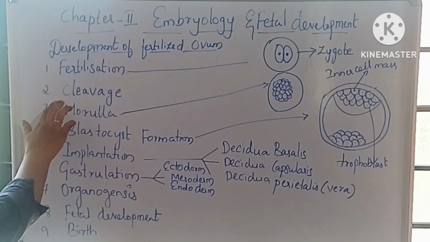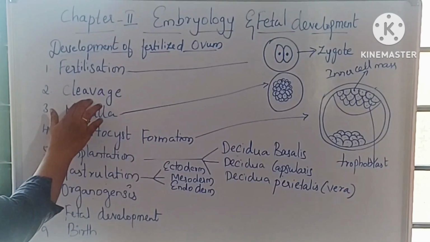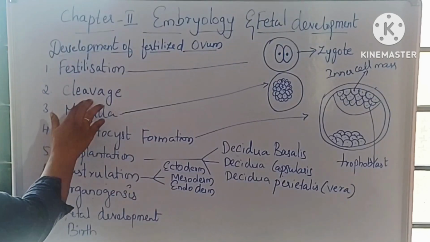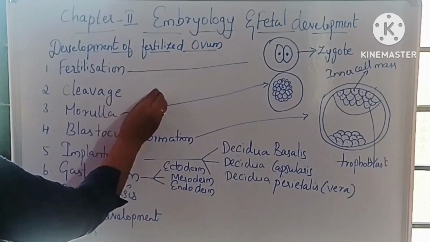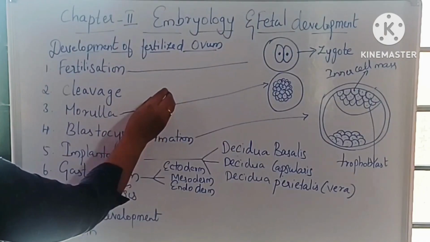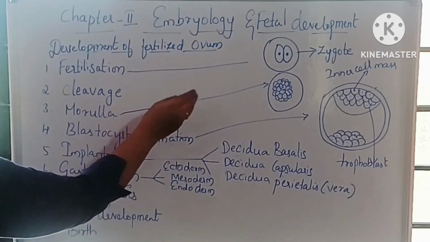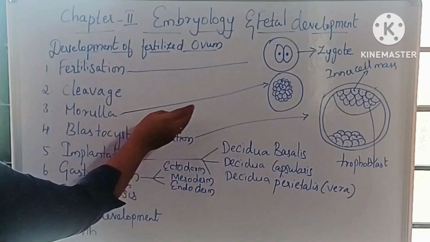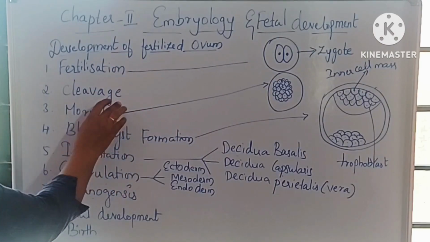Next, cleavage. Cleavage is nothing but dividing or breaking. Rapid mitotic divisions without increase in size. The cells divide into 2, 4, 8, 16, 32 cells. This is called cleavage.